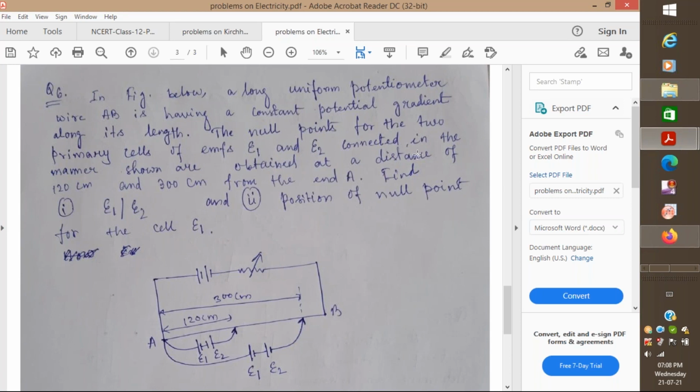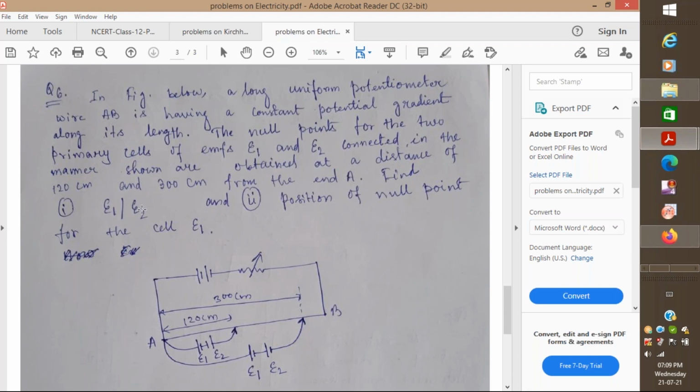The null points for the two primary cells E1 and E2 connected like this is given as 120 centimeter, and for the other combination of these two cells, the null point is at 300 centimeter.